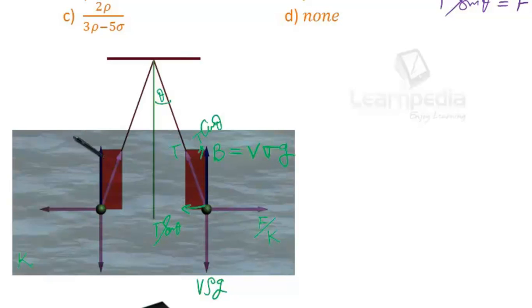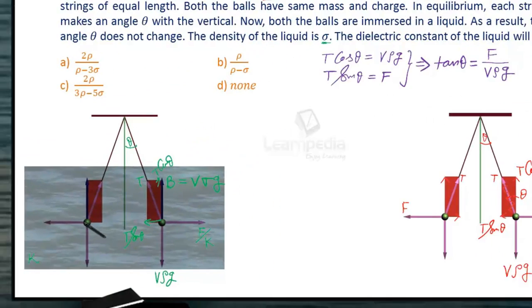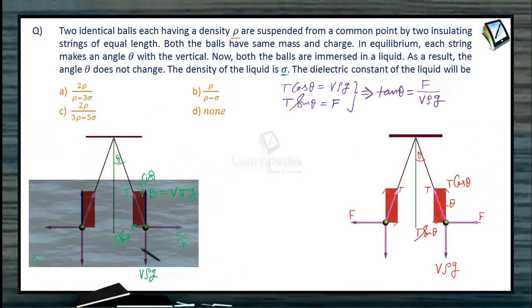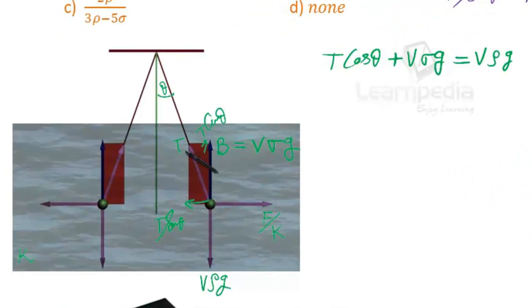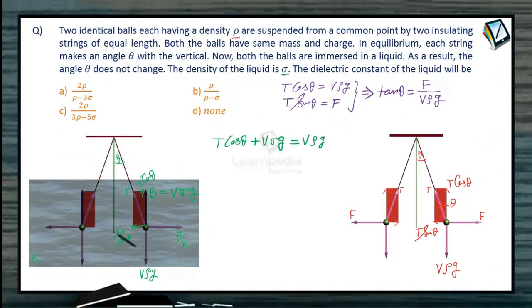The situation is symmetric for both the objects, so the same force diagram will be there for the other one. For vertical equilibrium, T cos theta plus the buoyant force, which is V sigma g, is going to balance the weight, which is V rho g. This time the tension is going to change, so let us call it T dash, because in both cases the tension will be different as the forces are changing.